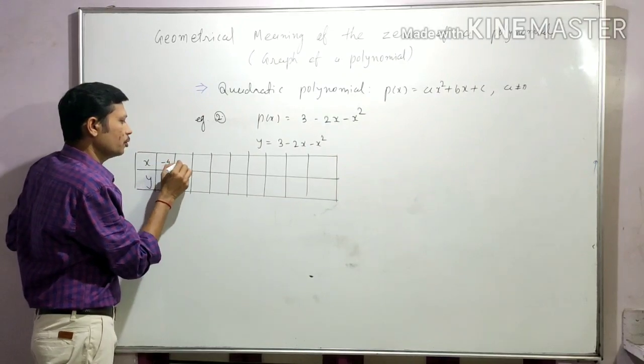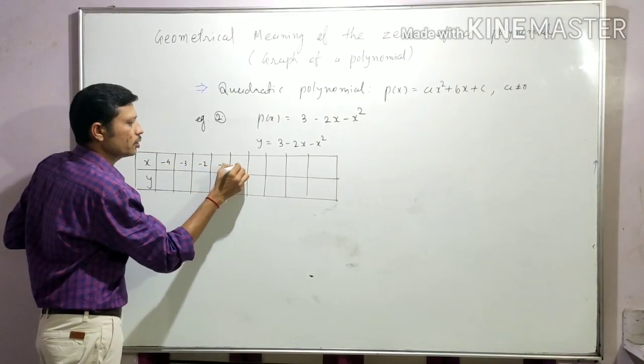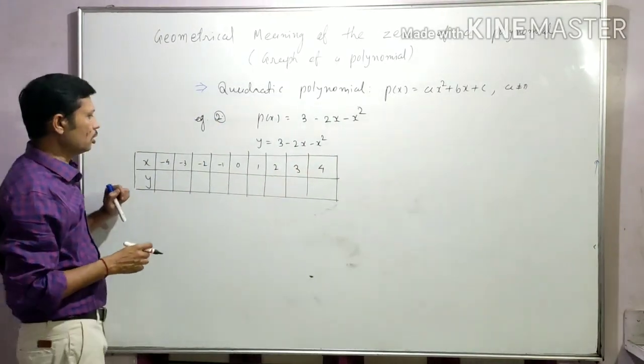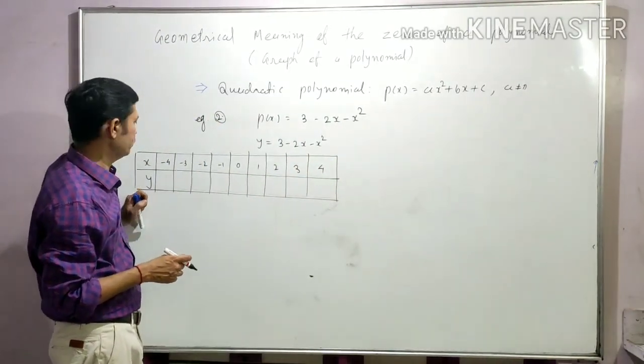Suppose I am taking minus 4, minus 3, minus 2, minus 1, 0, 1, 2, 3, 4. Now let's do the calculation one by one.